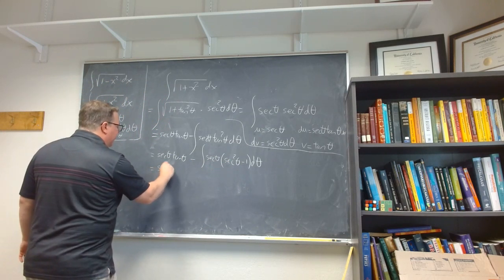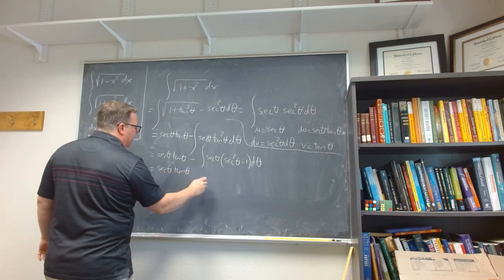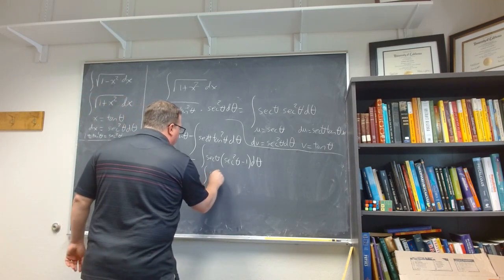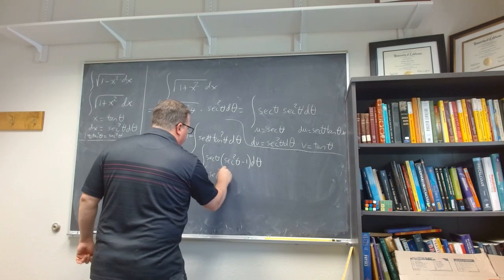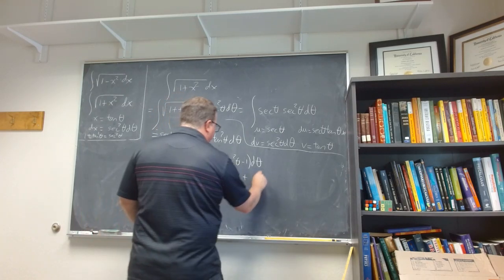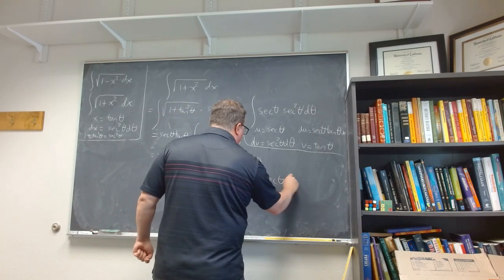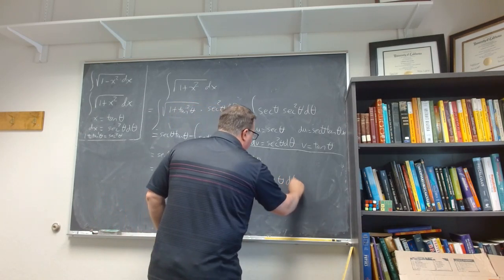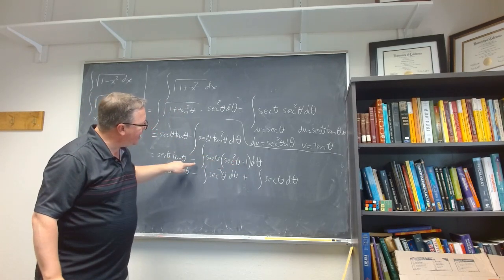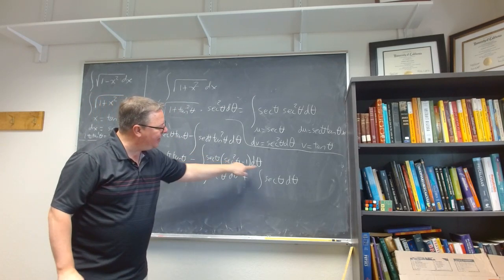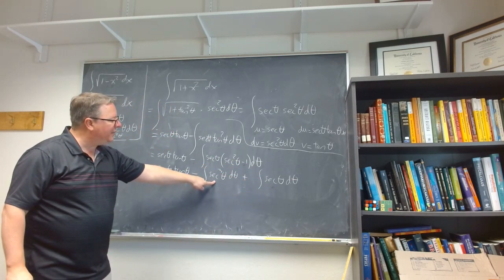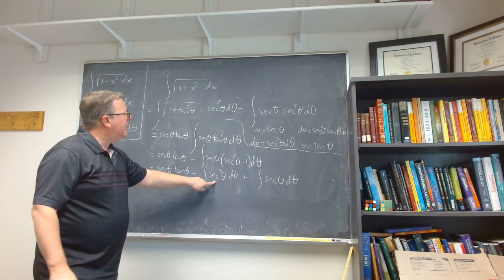So this is secant theta tangent theta minus the integral of secant cubed of theta d theta plus the integral of secant theta d theta. So what's going on here is this minus and this minus 1 cancel, so that I have negative secant theta times negative 1 just becomes secant theta. And here I have negative secant cubed of theta d theta.